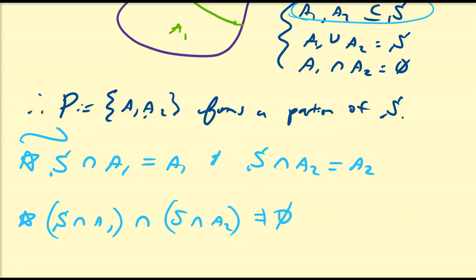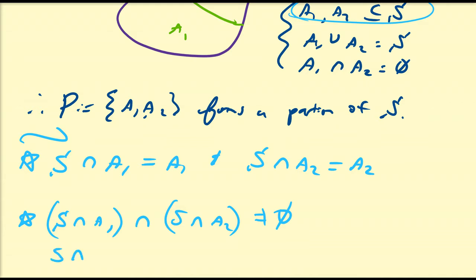Why is this the case? S intersection A1 is A1 and S intersection A2 is A2. We know that A1 and A2 are disjoint sets, therefore their intersection is the empty set. That's the idea here.